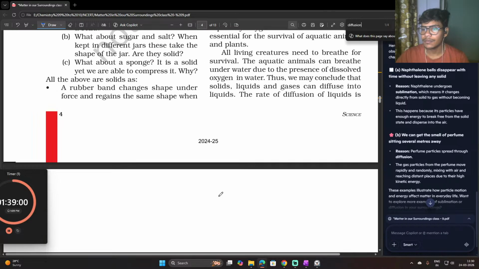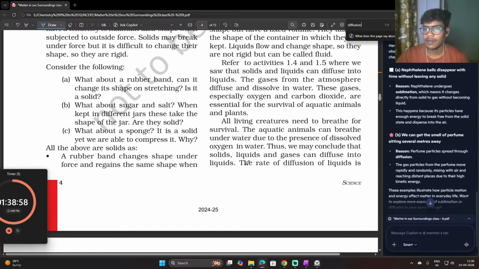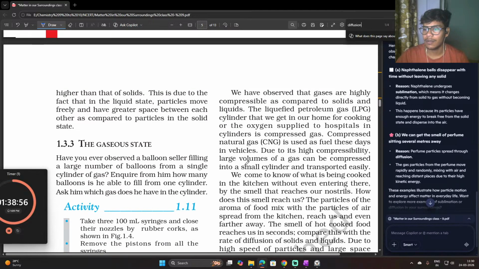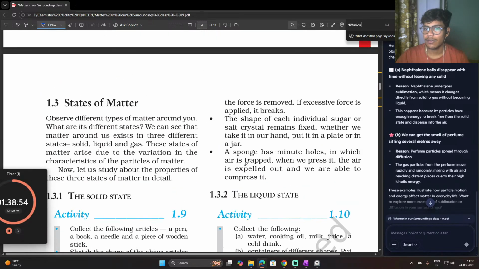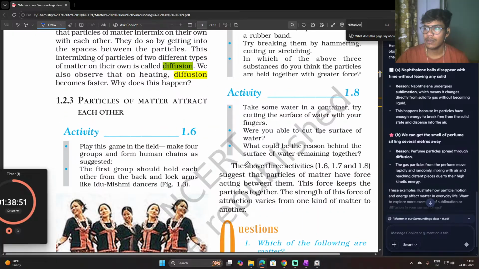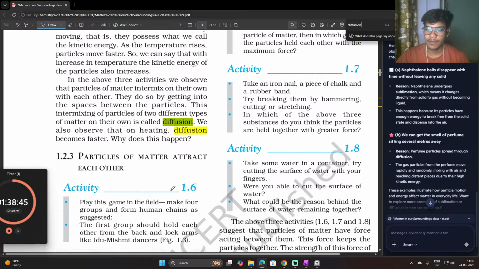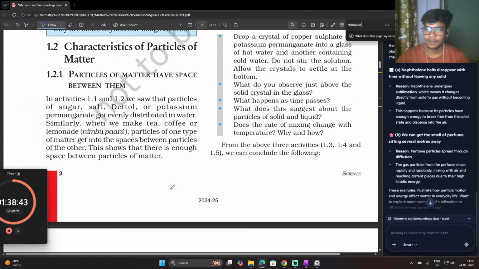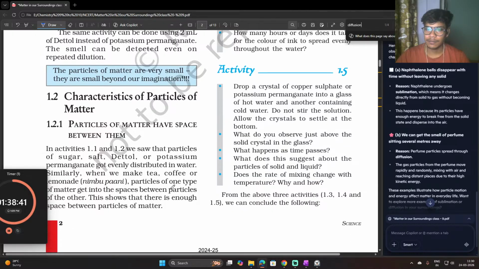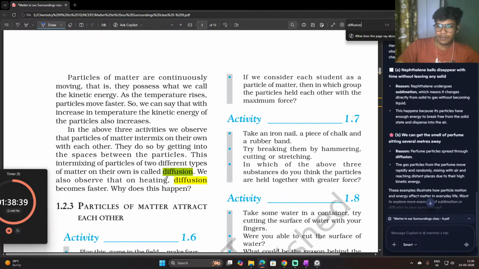One is here, but where? Another is here. Here. So here is diffusion. From the activities we observe that particles of matter intermix on their own with each other.